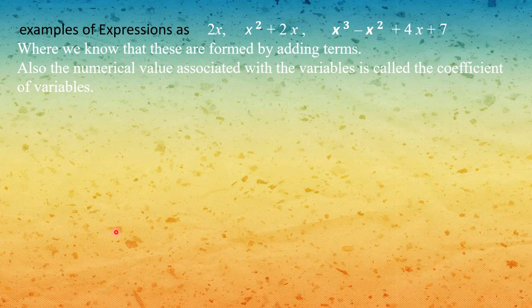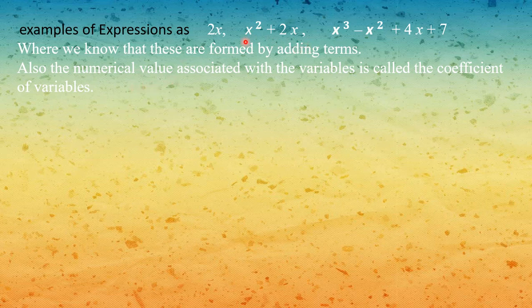As we write expressions 2x, x square plus 2x, and x cube minus x square plus 4x plus 7, all these forms, revising from the earlier classes, we know that expressions are formed by adding terms, and the terms are the product of a variable and a constant, or a term can be formed by only a variable or by only a constant.